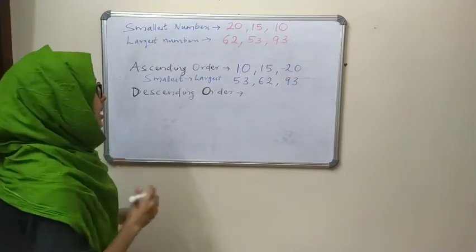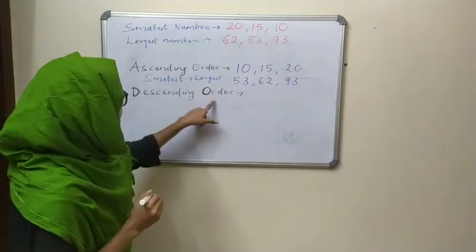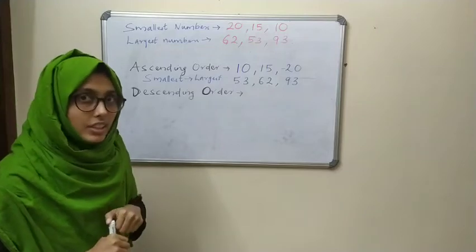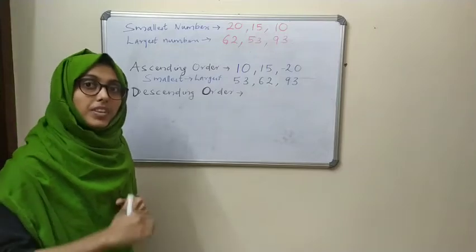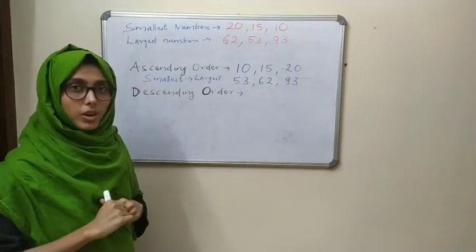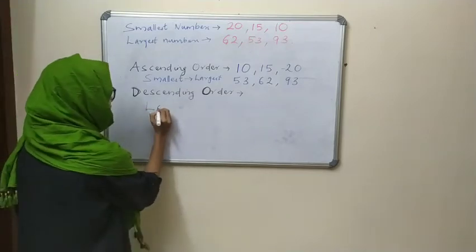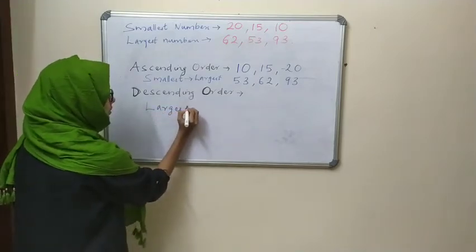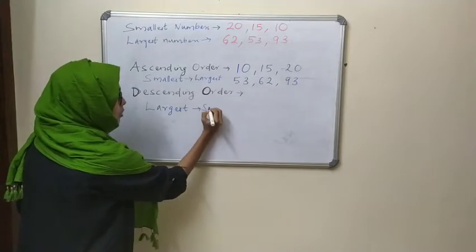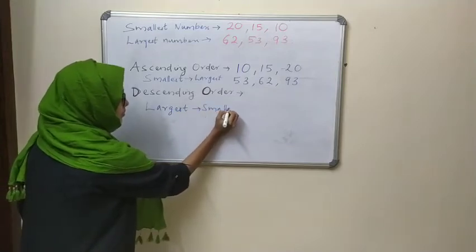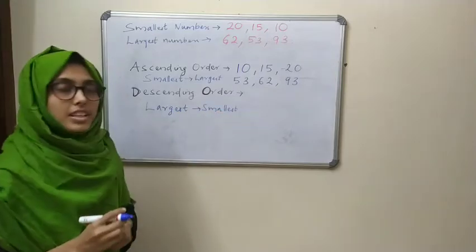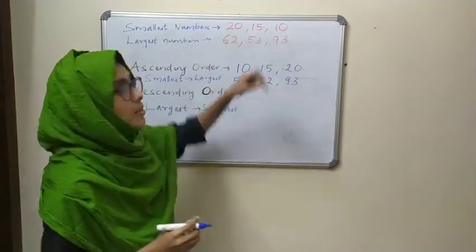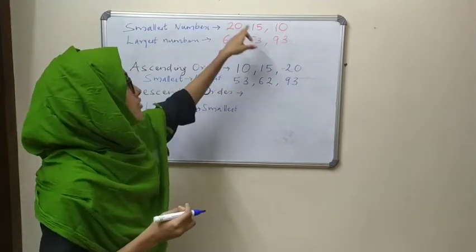Okay. So now tell me in the descending order. Descending order means from largest to the smallest. Okay. So here which is the largest number? 20, 15 and 10.